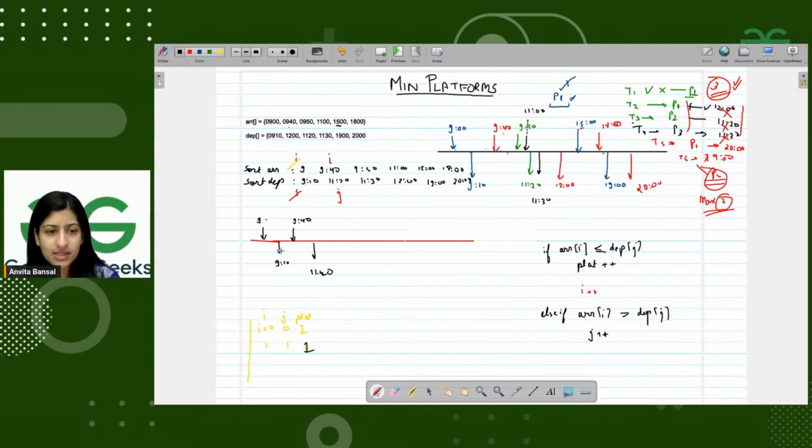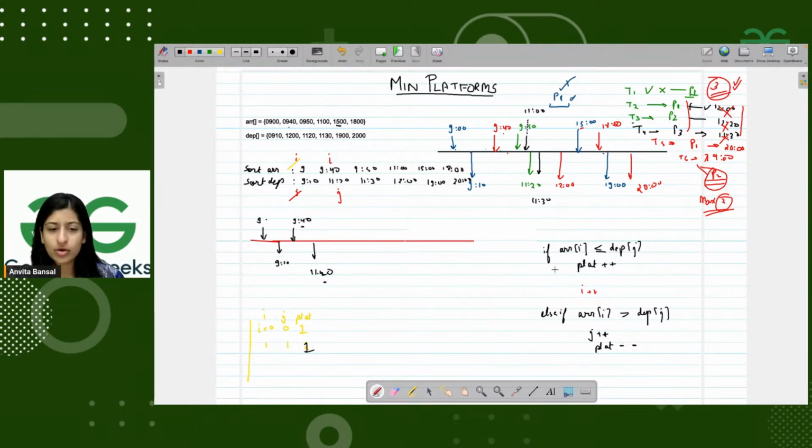Because when this train came at 9 and some train left at 9:10, the platform it was using is free. When this train arrived at 9:40 and there is some train leaving at 11:20, for that we are doing plat plus plus. But if this case holds true, that was for when we were at 9:40 and comparing with 9:10, in that case the train at 9:10 has left the platform. So you will also do plat minus minus.